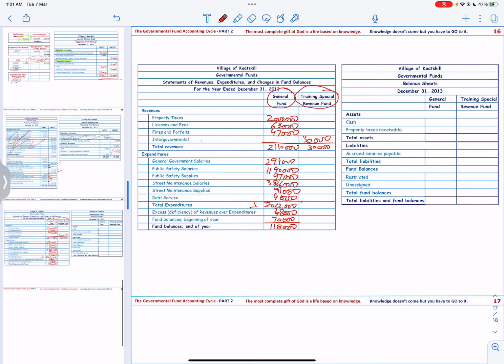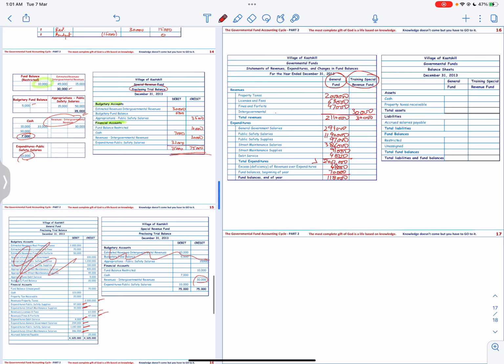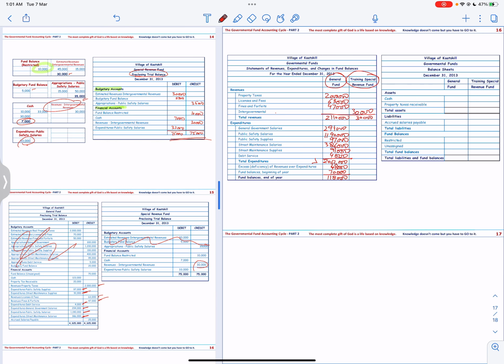We move on to the T account for the statement of revenue, expenditures, and changes in fund balance for training and special revenue funds.